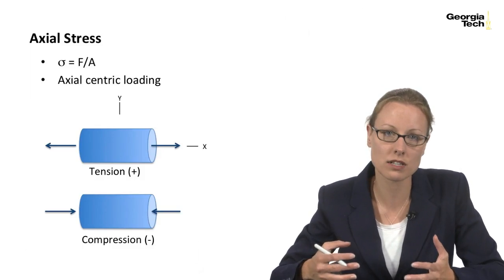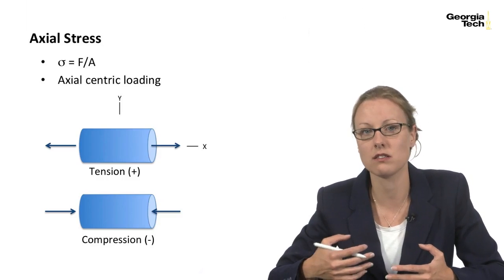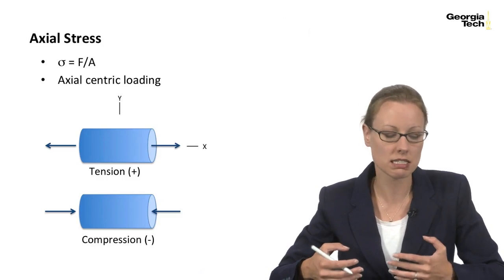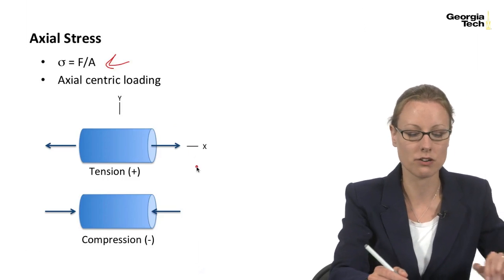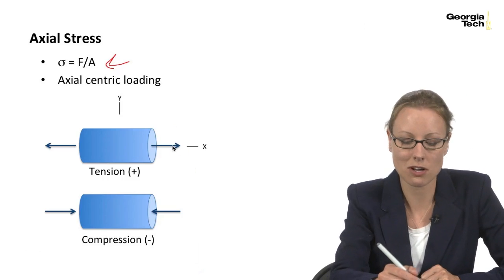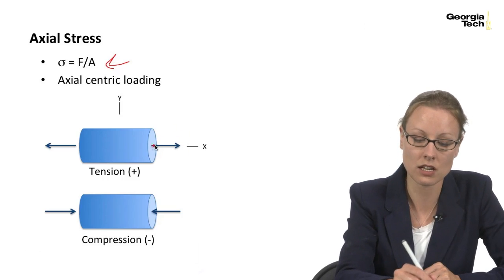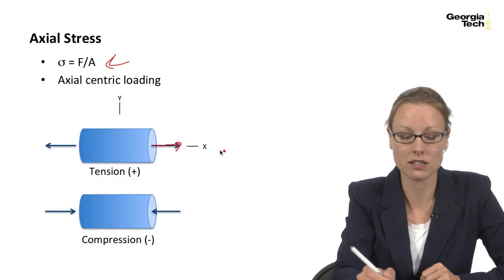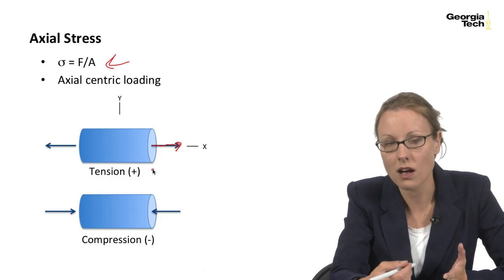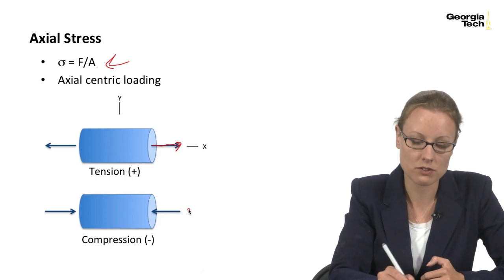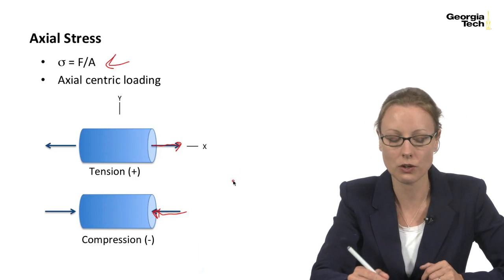So for axial stresses in this course, we're always going to assume you have axial centric loading. In this case, your stress will be your force divided by your area. In this course, we'll also have tension as positive. So with tension, the stress is moving in the positive x direction, and therefore has a positive value, whereas compressive stresses moving in the negative x direction will have a negative value.